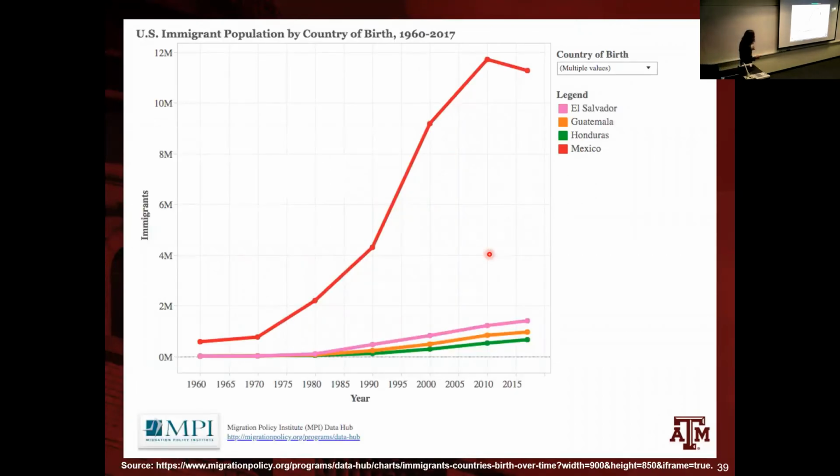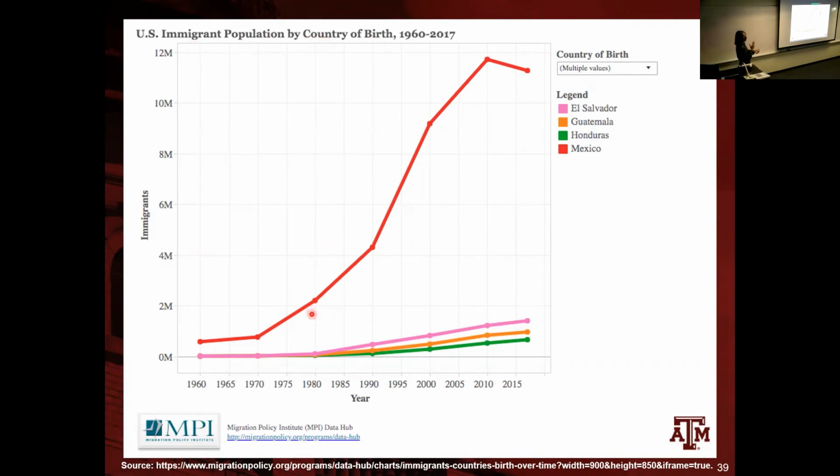This website, the Migration Policy Institute, you can just go there in this link in the bottom of the slide. And you can select whatever country that they have available there in that drop-down menu. Select the countries to see them here on this graph. And here is pretty much showing the immigrant population by country of birth.